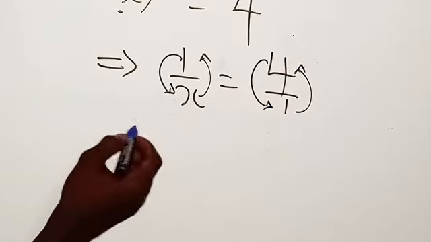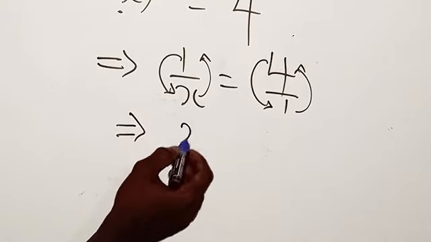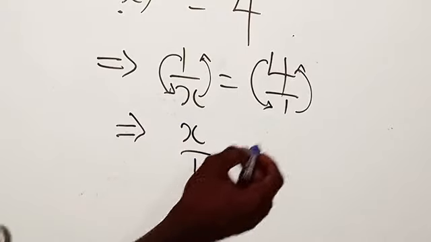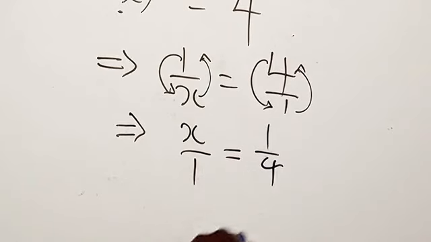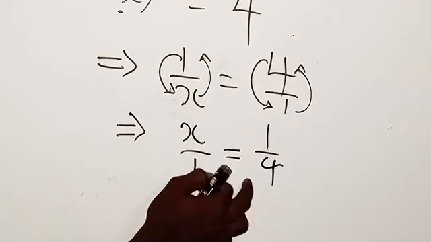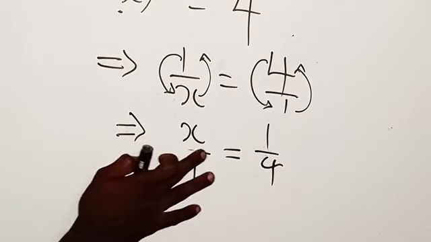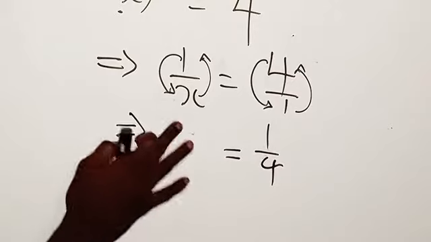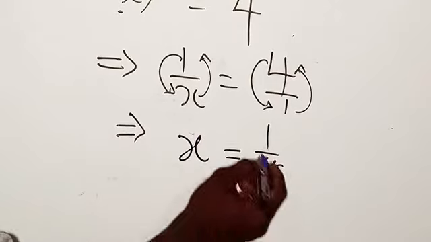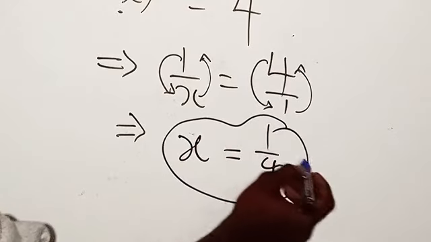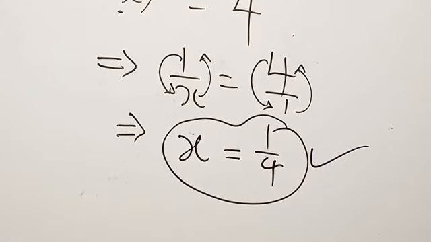So that is reciprocal. So this implies that x over 1 equals 1 over 4. And you know that x over 1 is same thing as x, then 1 over 4. So it means that x equals 1 over 4. And that is the solution, right?